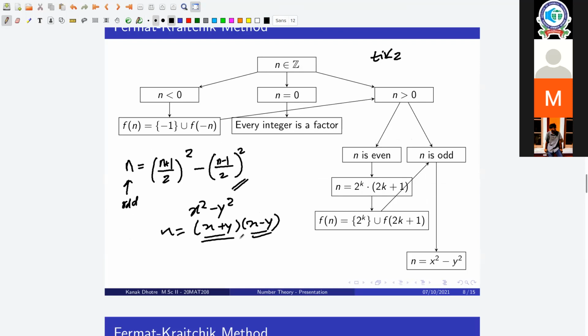Now the problem is whether these 2 will be trivial or not. In the case where, like we'll see with an example, even one of them is 1, the other one has to be n, and that will deem my n to be a prime number. So this can act as an algorithm for checking prime numbers.